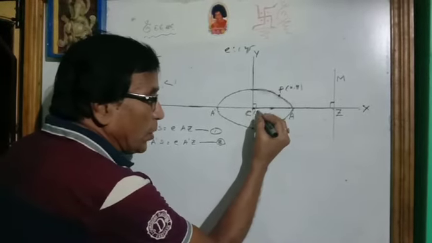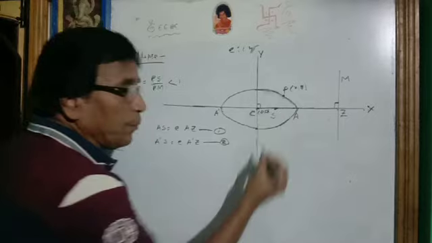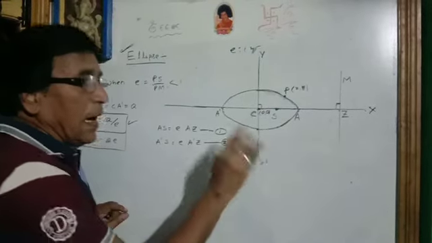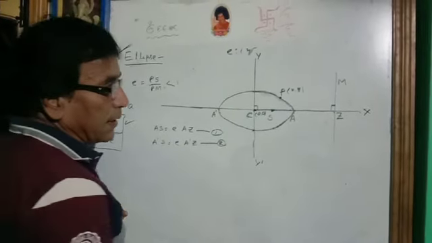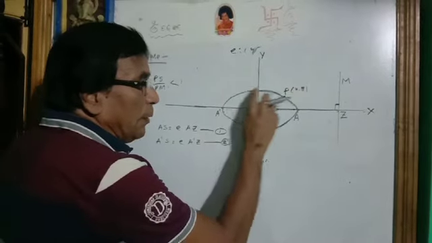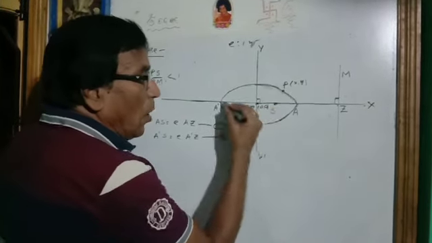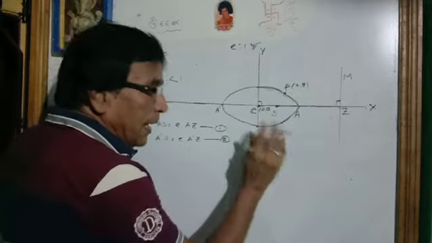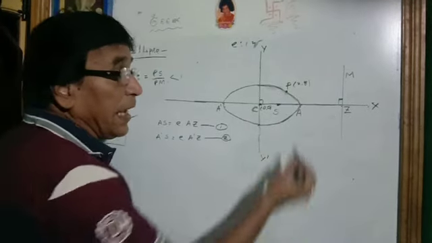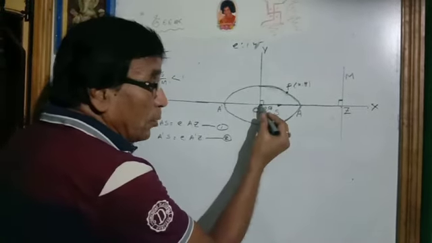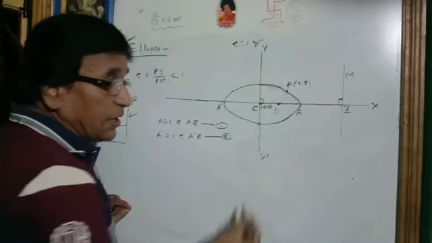That means this is your origin, 0, 0. Now we will take a certain point P on the required ellipse, whose coordinates are x, y, referring to the axes CX and CY.